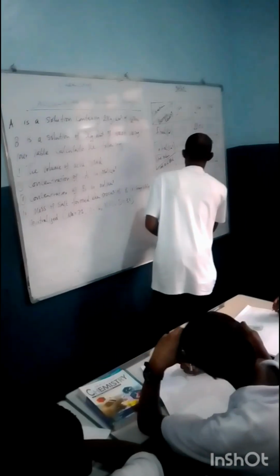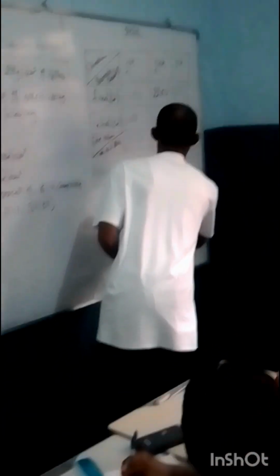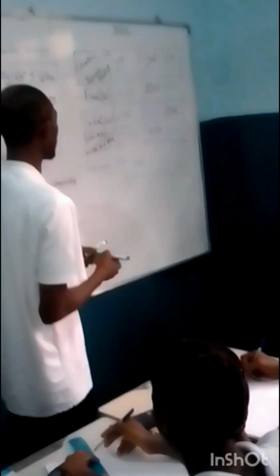So we write: average titer value is equals to 11.50 plus 10.50 plus 11.30, divide by 3, just like you calculate your average or your mean.